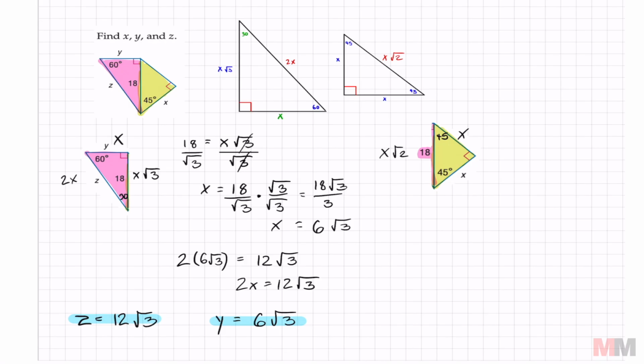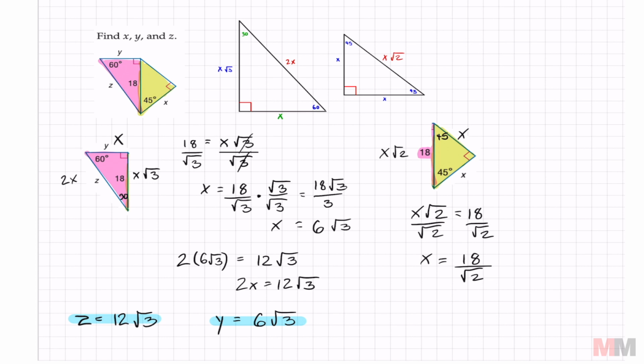Next step, just look for something that is labeled twice, like this hypotenuse right here. The hypotenuse was labeled with 18 in the beginning, and we also know that that is represented with X root 2. So similar to the one in pink, set up an equation, X root 2 equals 18, and solve for X. Divide by root 2 on both sides to get that by itself. You got X equals 18 over root 2.